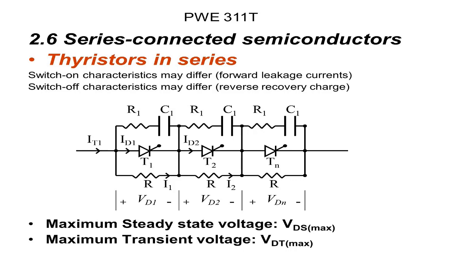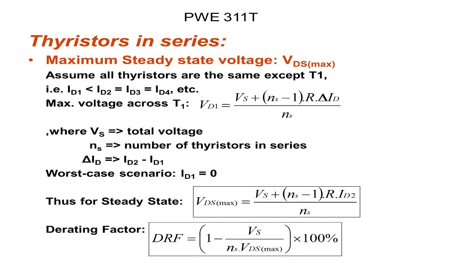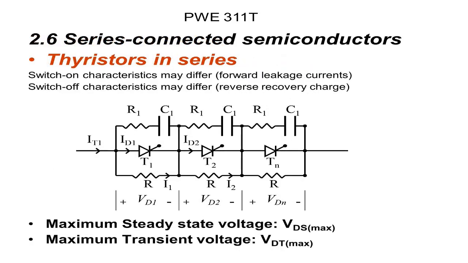Right, so we can now see that the voltage across each of the diodes, let's say it's VD1 for the diode 1, VD2 for the diode 2, and the VDN for the diode N, the last one. Okay, so we can easily write this equation, and maximum steady state voltage we can write in this form, assuming all thyristors are the same, except the first one, T1.